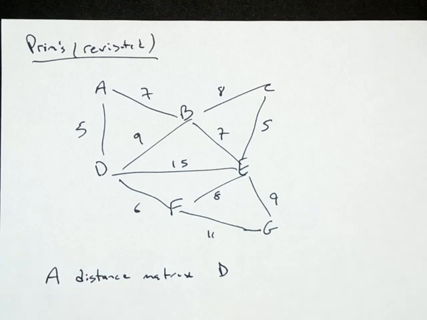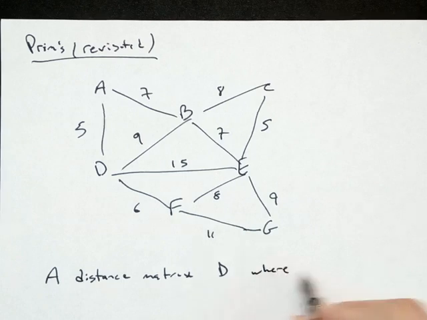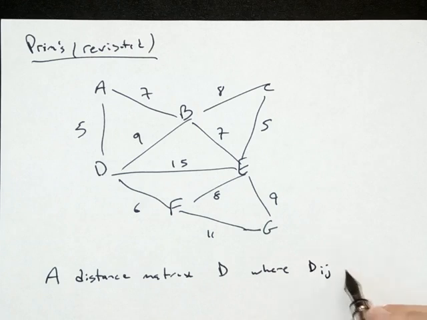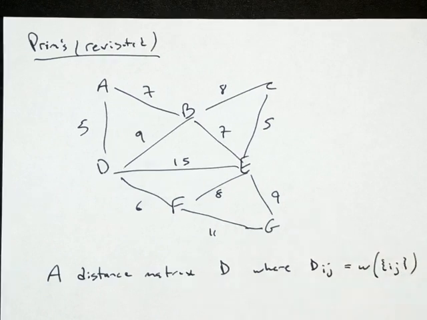And let's say that the ijth entry is the weight of the edge connecting i and j. Where if there's no edge, you write a 0.